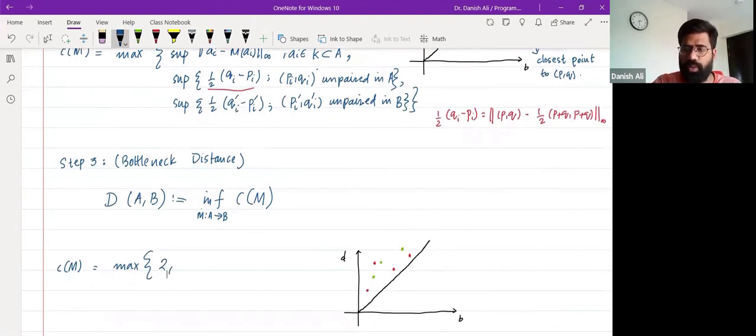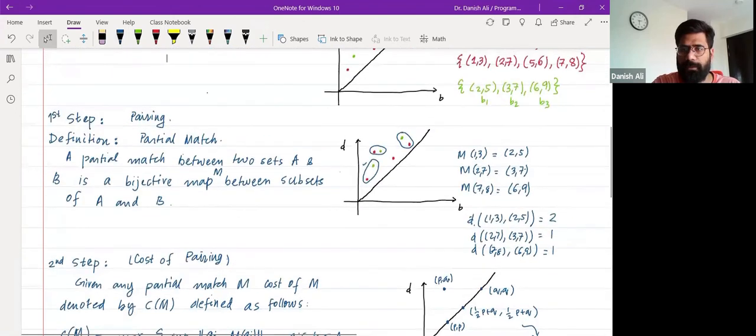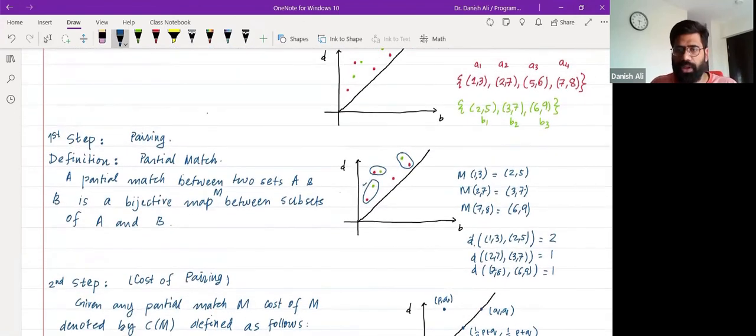And there is one point which is unpaired, and that point is this point in A, which is (5,6). So half of 6 minus 5 equals half.